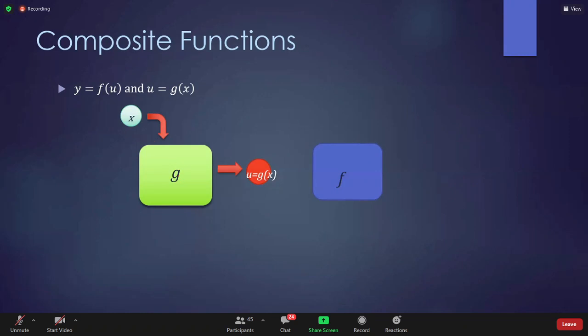Then we take this u value, put it into the f function, and that gives us y as the f value of the corresponding value u. So we say that this is the composite function, and the g function is called the interior function because it is inside.